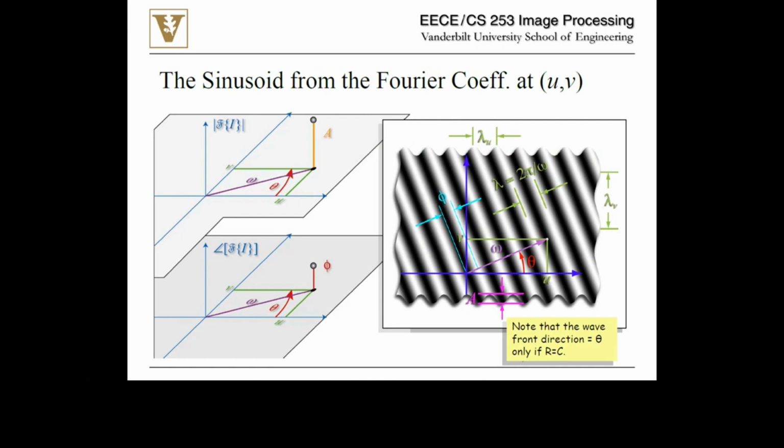So the frequency defines the wave, but the Fourier transform, so this part, A and phi, define how wide the wave is and how it is shifted. Okay, so the frequency determines the orientation of the wave, while A and phi determine the height and the shift of this wave.